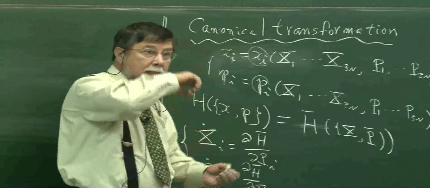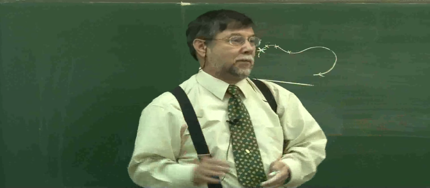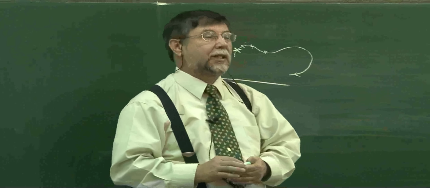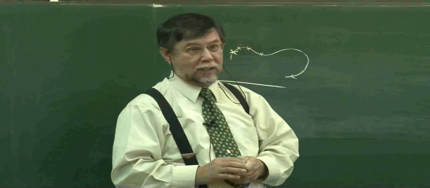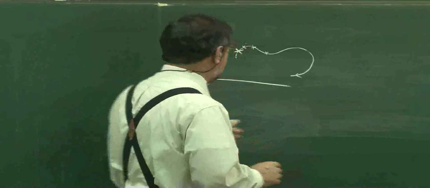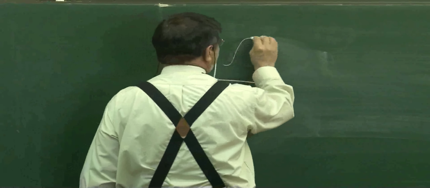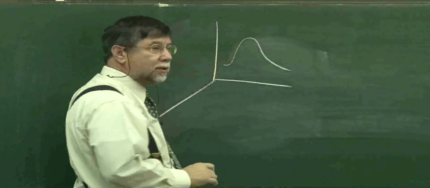So that means when you try to solve the dynamics, one method is that you follow the point transformation. But there is another way to see the same problem: you consider some function, a set of points.